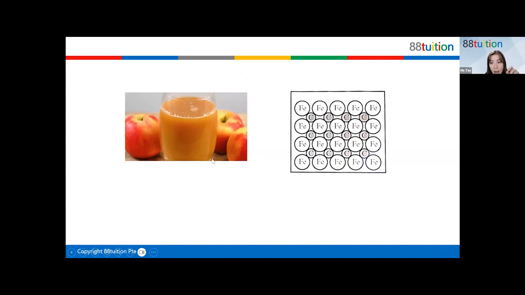Maybe the skin is not there. But after some time, the top part will be clearer while the bottom part will be more cloudy. That is because the flesh settled down.